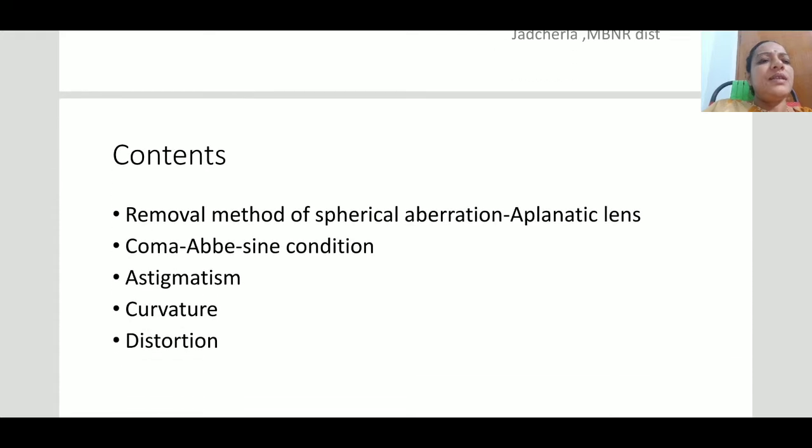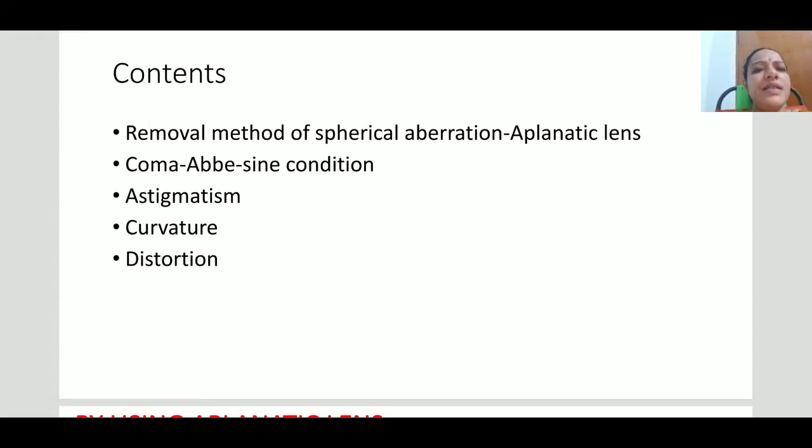Today, in this class, let us discuss these contents. Already in yesterday's class, we discussed monochromatic aberrations. In that, we completed the first type of monochromatic aberration, that is spherical aberration, the arrangement of spherical aberration, and removal methods of spherical aberration.